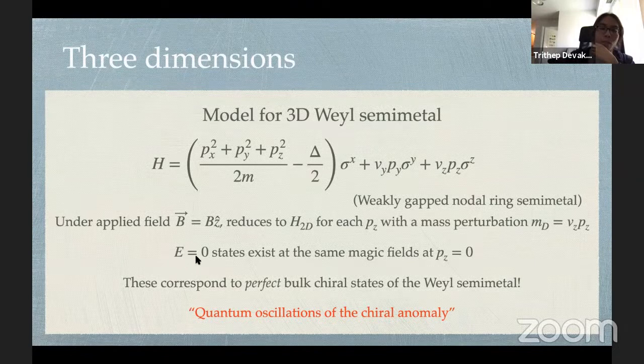So what happens is that you have E equals 0 states, and they exist at the same magic fields at pz equals 0. These actually correspond to perfect bulk chiral states of the Weyl semimetal. The phrase I want to highlight here is that we have quantum oscillations of the chiral anomaly. Let me tell you what that means.